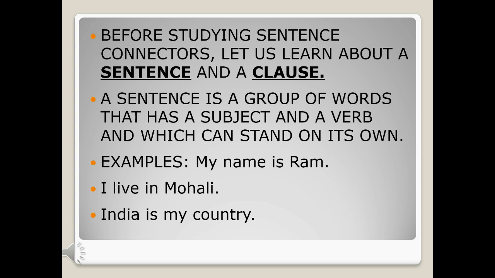As you can see, in each of the 3 sentences, there is a subject and a verb, and each of the 3 sentences can stand on its own. That means all the 3 sentences convey complete meaning.